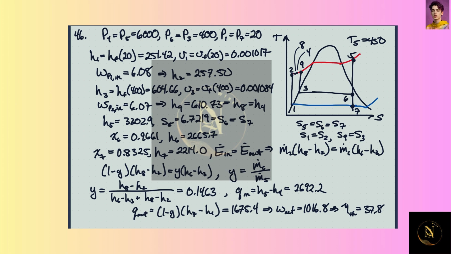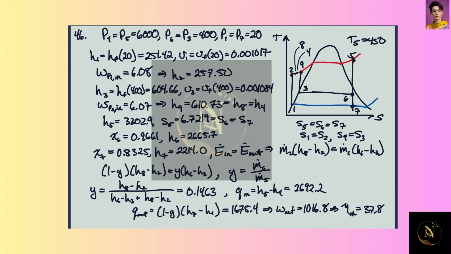And that winds up being about 0.15, or about 15% of what we're taking off here. So that would be, coming off of here, we're taking about 15% of the steam out by mass. And so then we can get the heat transfer in, which is simply the heat transfer from 5 minus 4.